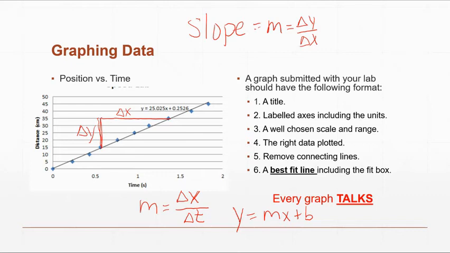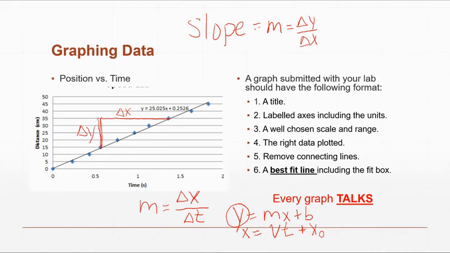What's our y value? Our y value is our position. So y, position, is equal to m, which is our slope, which is our velocity, times x, which is our time, plus b. What's b? B is going to be our y-intercept, which is our initial velocity.